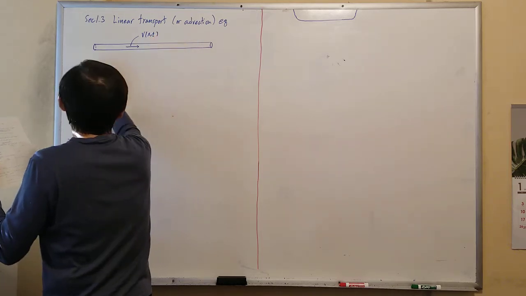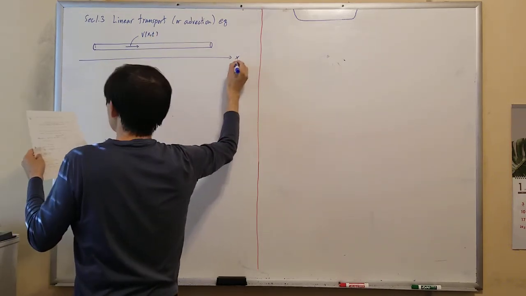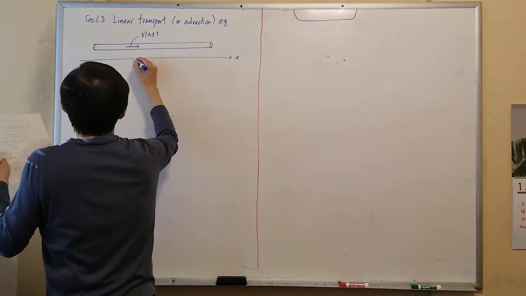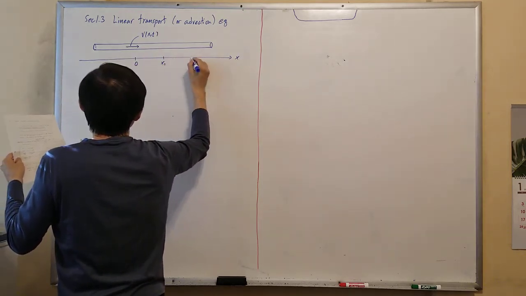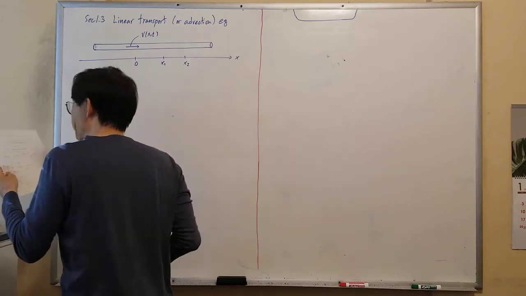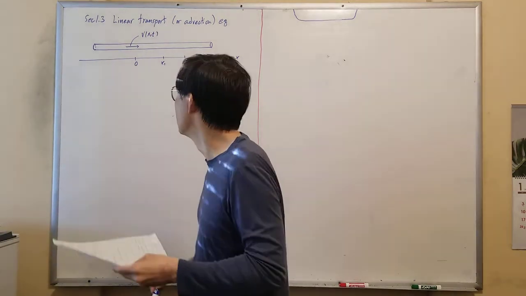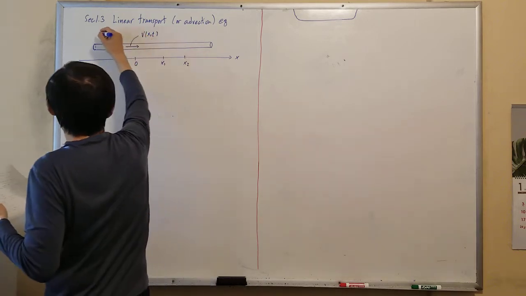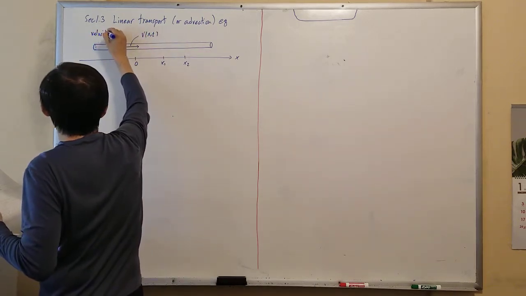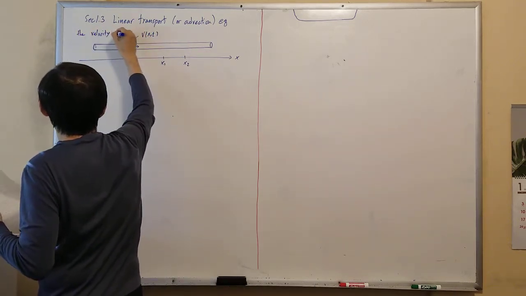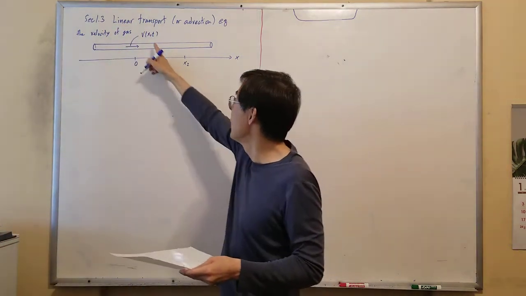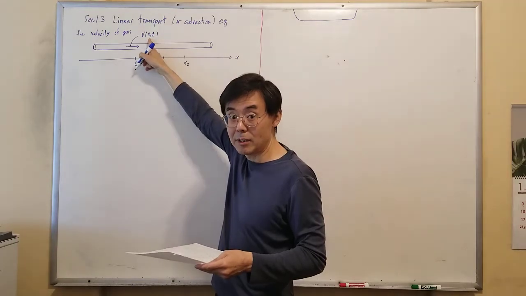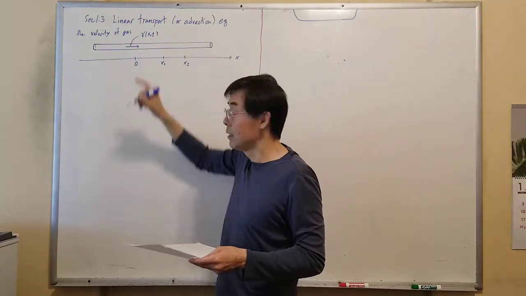This is along the x-axis. Let's say this is 0, and this is x1 and x2. So this is the velocity of gas, the velocity of the gas in the pipe at space point x and time t.